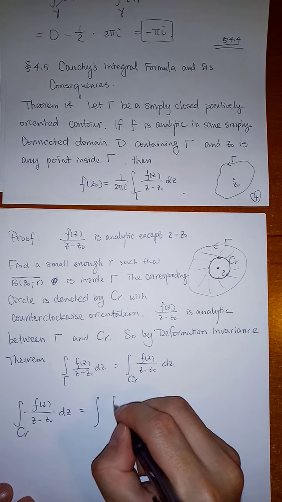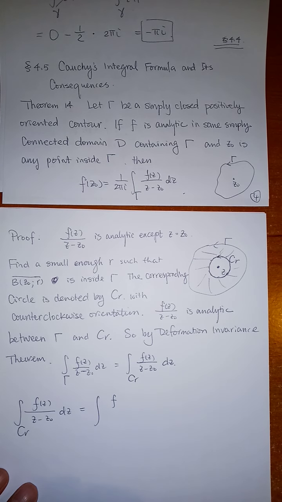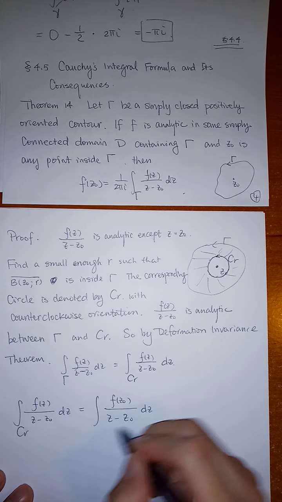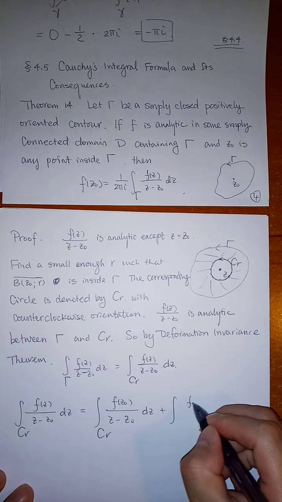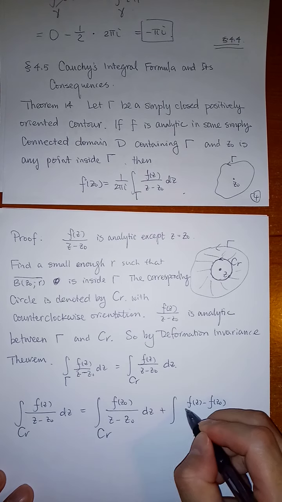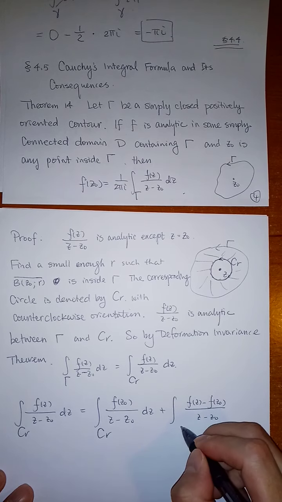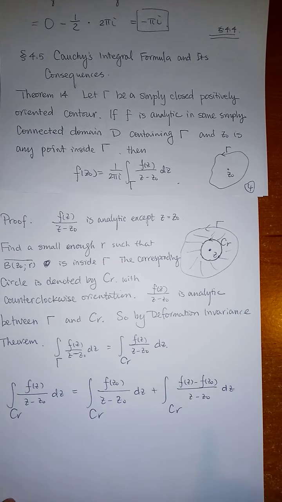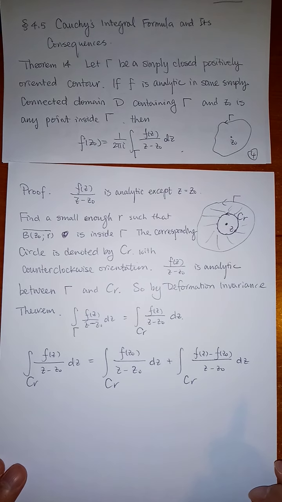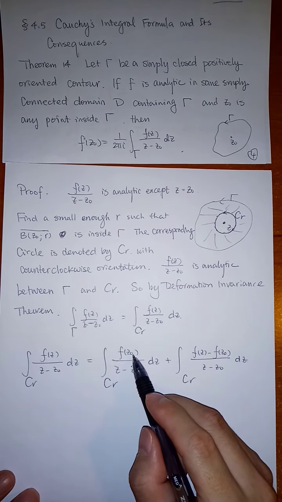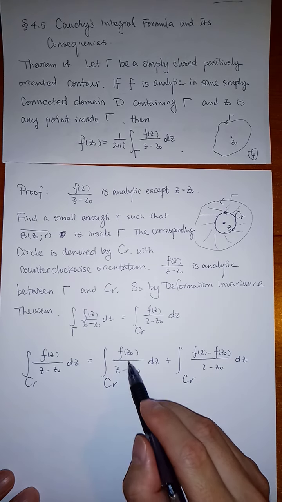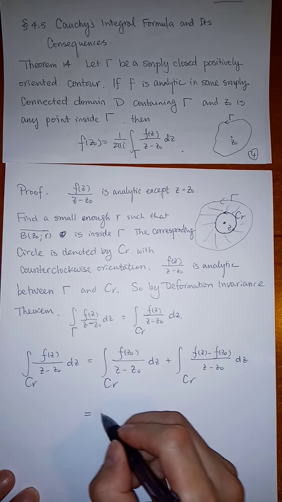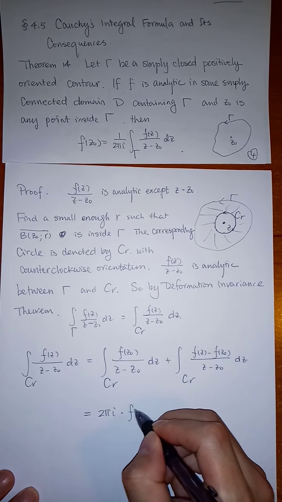We do the addition and subtraction trick for the numerator. Okay, and f(z0) is a constant. You move it forward, then you get 1 over z minus z0. z0 is inside the gamma, and that gives you 2 pi i times f(z0).